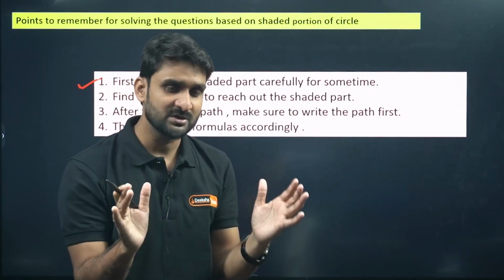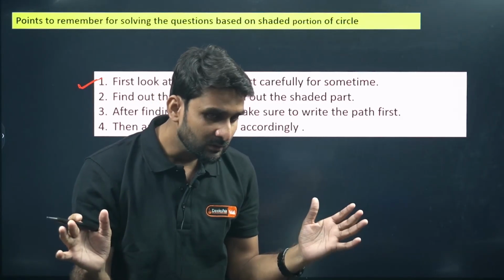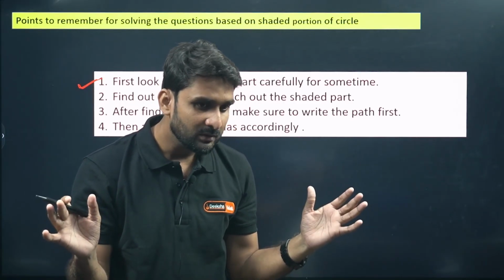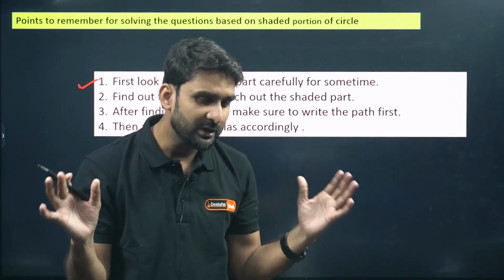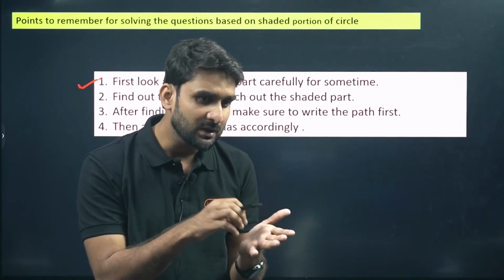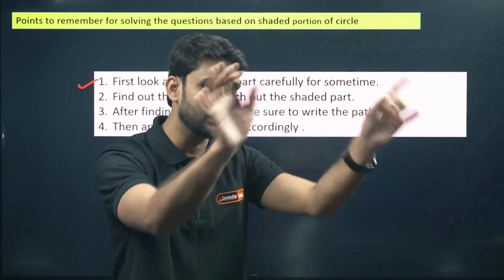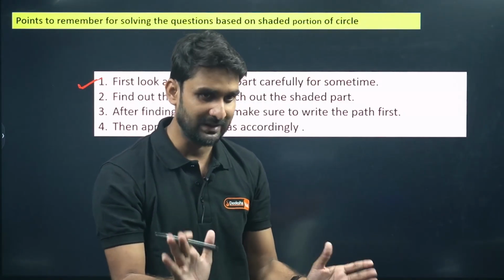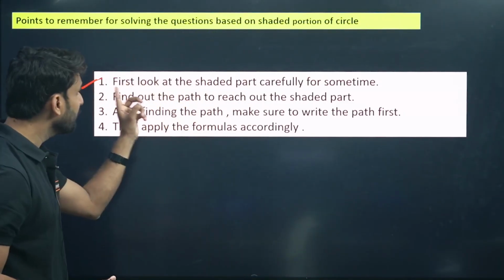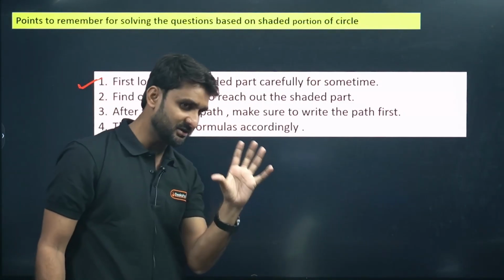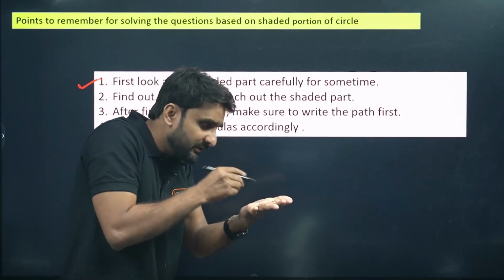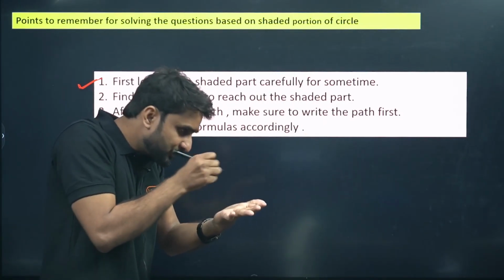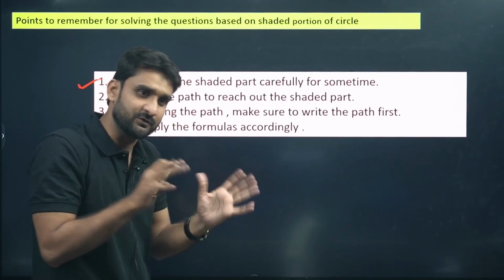Go through the question calmly, follow the question, and try to get the path to the shaded part in the complex diagram that is given. So first, look only at the shaded part carefully for some time. Don't start doing the question without thinking.